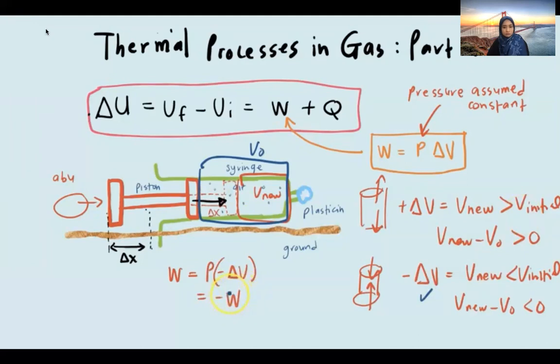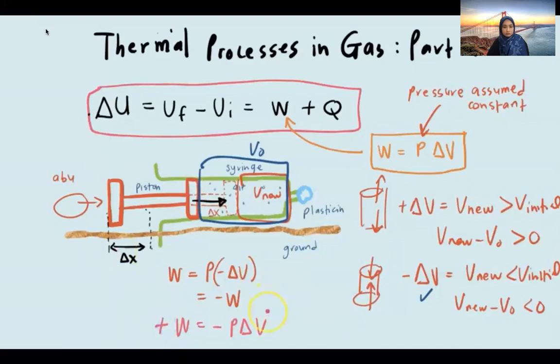So how should I rectify this? For me to rectify this equation, it should be W equals minus P delta V, which means that if the change in volume becomes smaller, the environment is doing work on the gas system, so the work done on the gas system is positive.